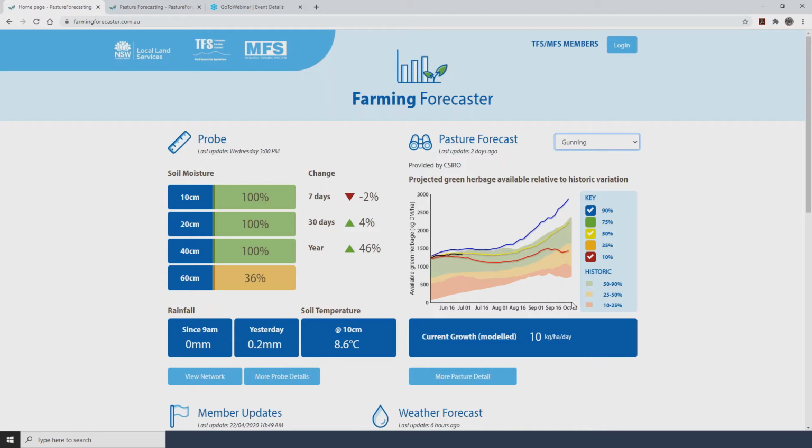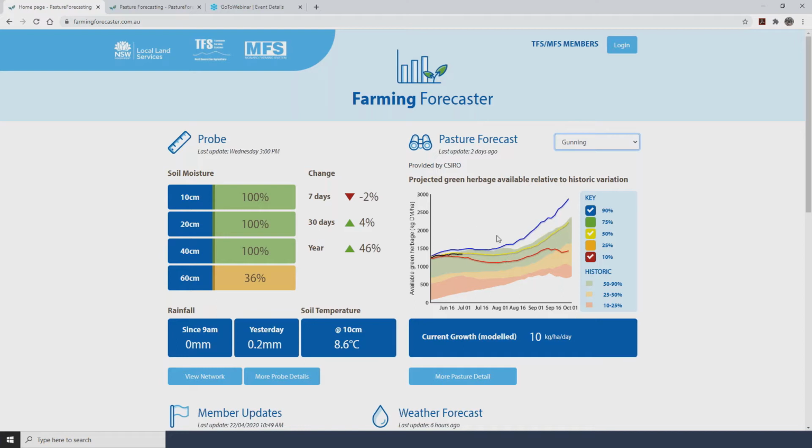The pasture forecast provides information around the current pasture position, which is indicated by this black tracking worm, and also the likely range in pasture availability over the next 3 to 4 months, which is indicated by these coloured projection lines. We'll have a closer look at the pasture forecast in a minute, but I just want to go through a few other things first.